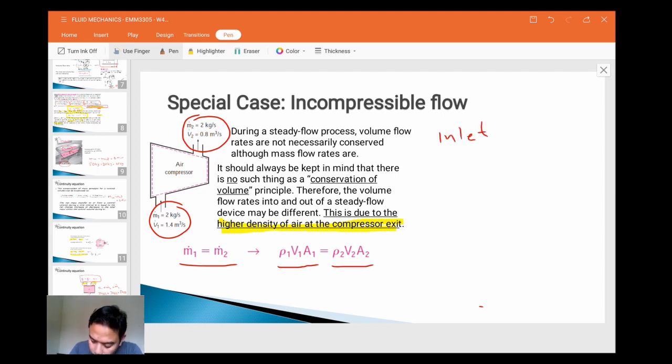In the inlet, we know that rho 1 v1 a1, or rho 1 V dot 1, is equal to 2 kg per second.